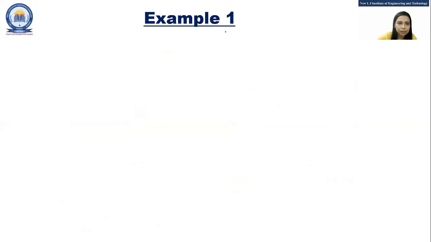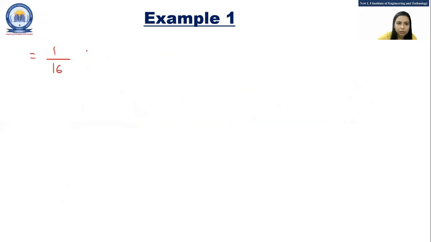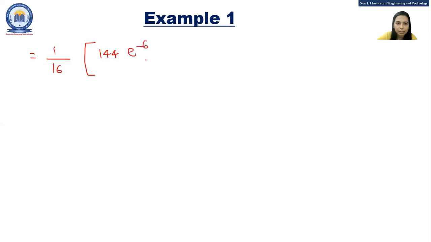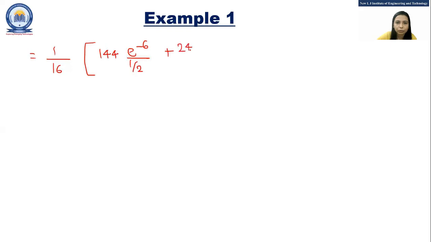So 1 by 16, and e raised to minus 6 is common. Before that, let's multiply with the minus. So 12 square is 144, e raised to minus 6 upon 1 by 2, then plus 24 e raised to minus 6 upon 1 by 4, then plus 2 e raised to minus 6 upon 1 by 8.